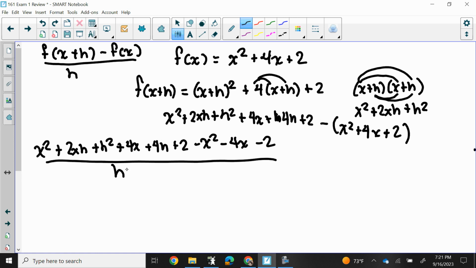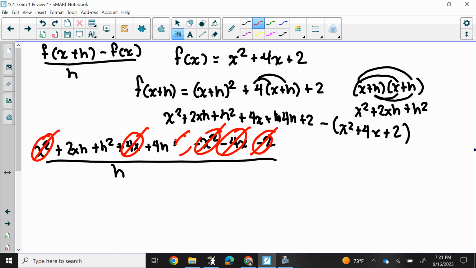Okay, well, if you look right here, negative x squared and positive x squared cancel each other out. Negative 4x and positive 4x, again, cancel each other out. 2 and negative 2 manage to get rid of each other.